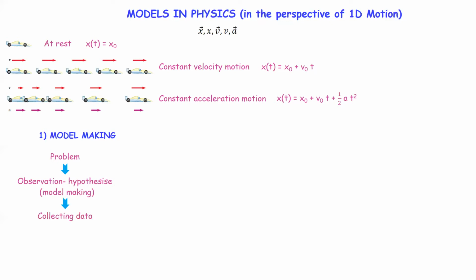To verify this, you have to get some real data from this observation. You have to make some physical measurements, rigorous measurements, by using rigorous instruments. Upon the data, you analyze the data and, as a result of this analysis, make some parametric estimation.